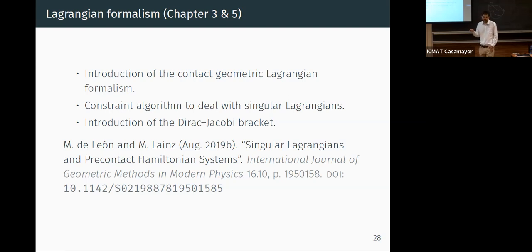We also considered the case of singular Lagrangians, where the Hessian matrix is not regular. And we developed a constraint algorithm to deal with these dynamics. We also introduced a Dirac-Jacobi bracket, which is a modification of the Jacobi bracket of the contact system that you can use to study these singular dynamics.